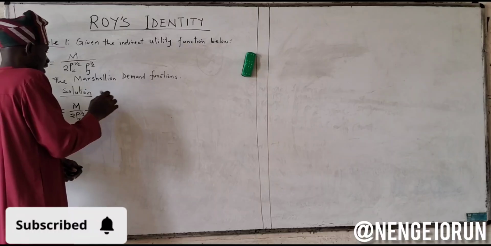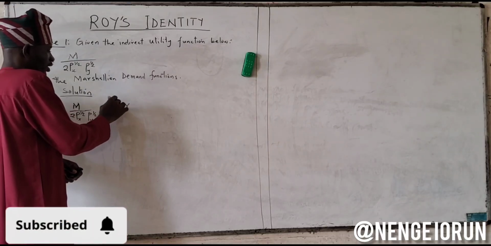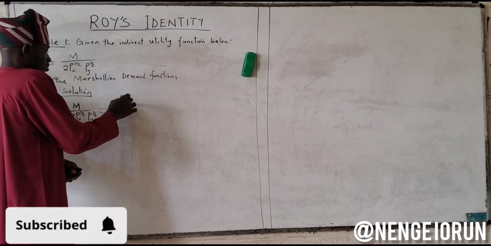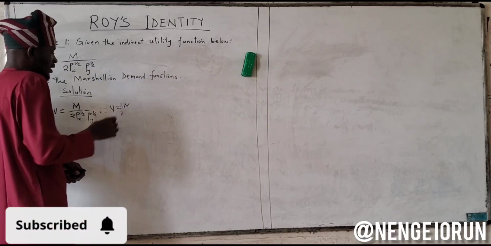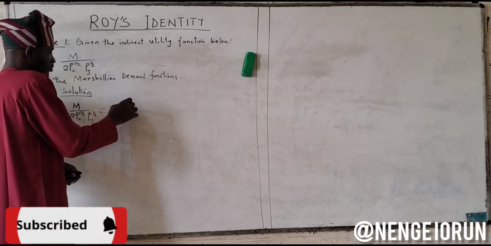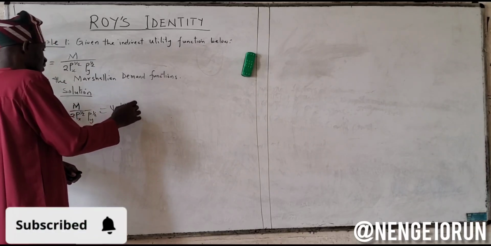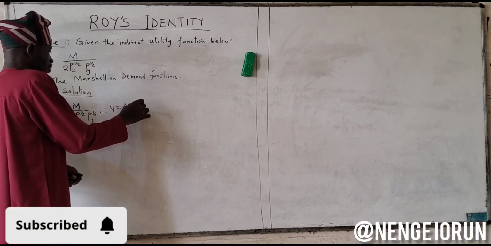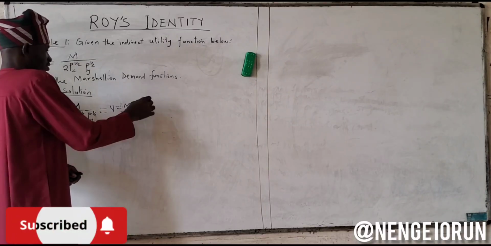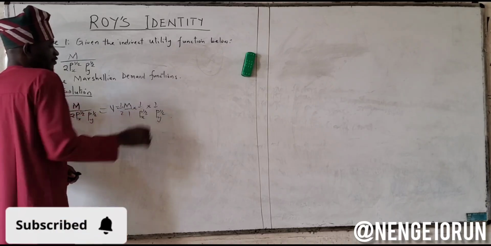This can be written as V equal to 1 over 2 times M over 1 times 1 over Px raised to the power of half times 1 over Py raised to the power of half.